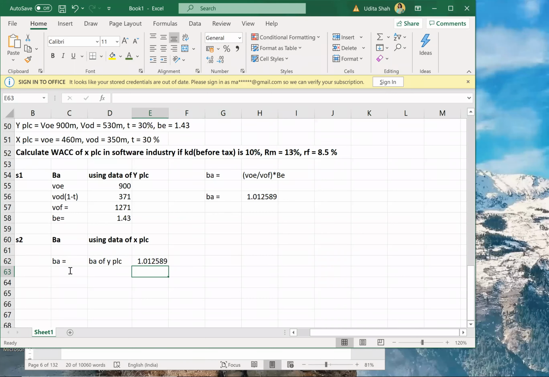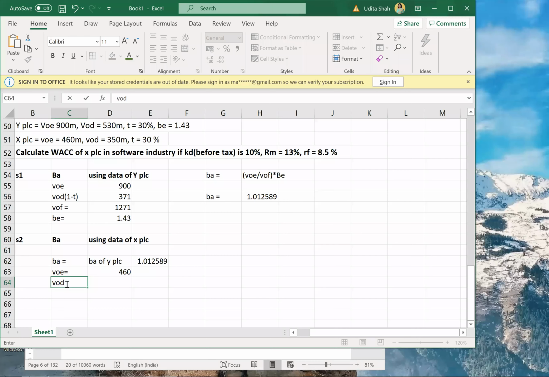Okay. How much is the value of equity? Value of equity is 460 million. Next I want value of debt, but I want it net of tax.